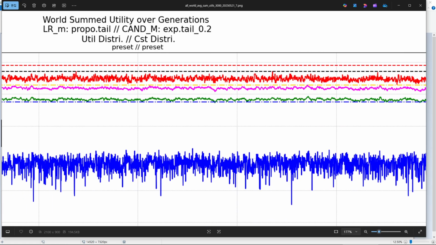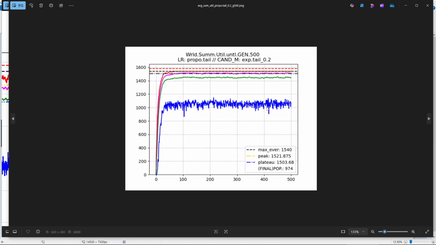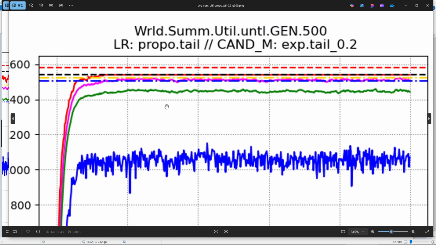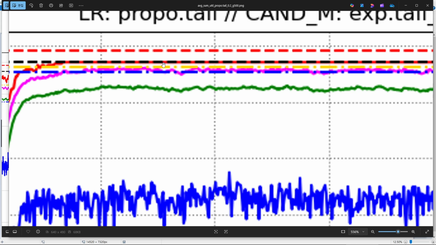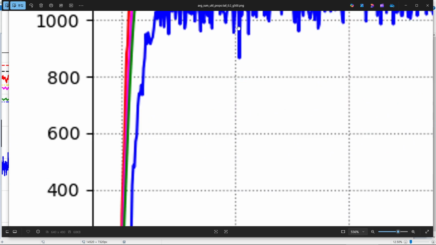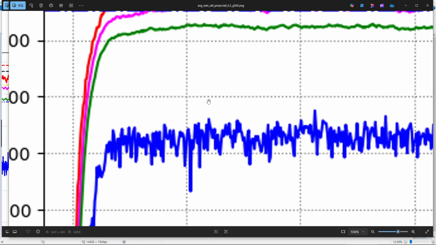But like proper tail 0.2, if we look with the same setting, with the same learn rate and candidate method and candidate percentage, I am constantly getting 1540 after generation 100.